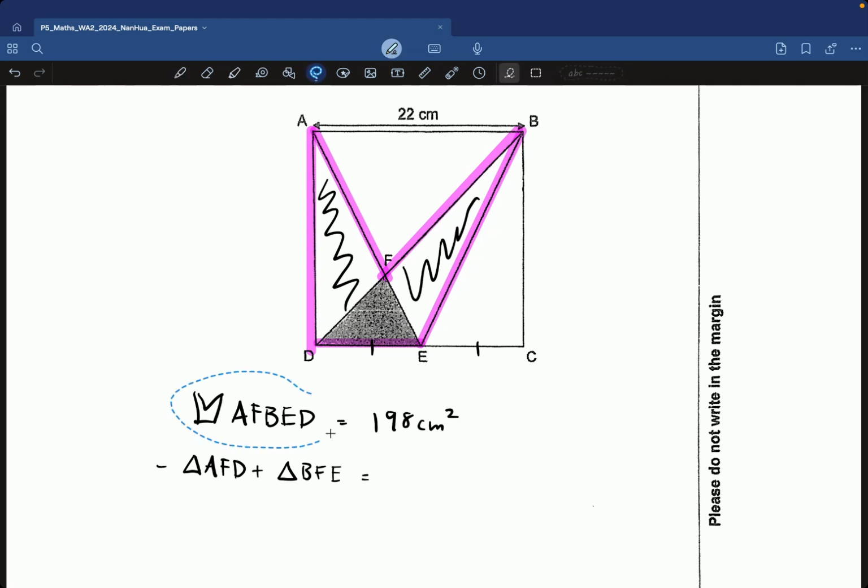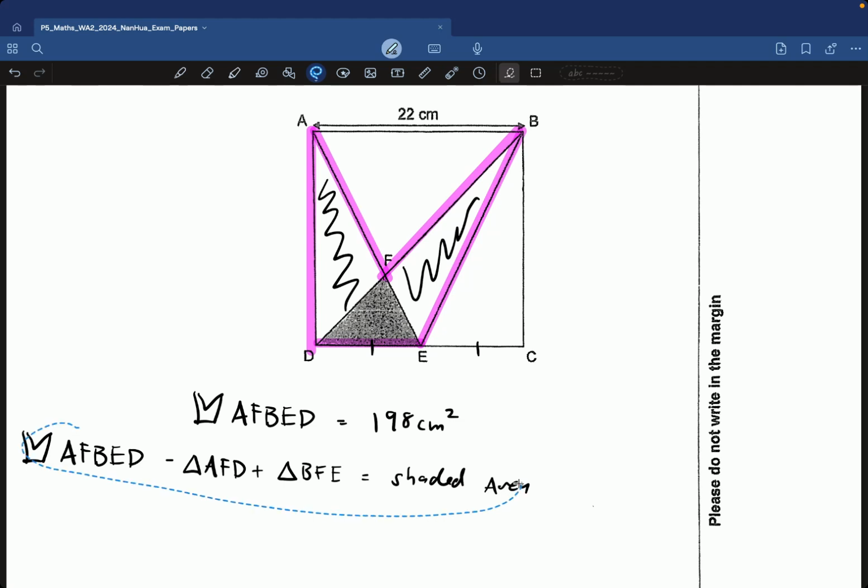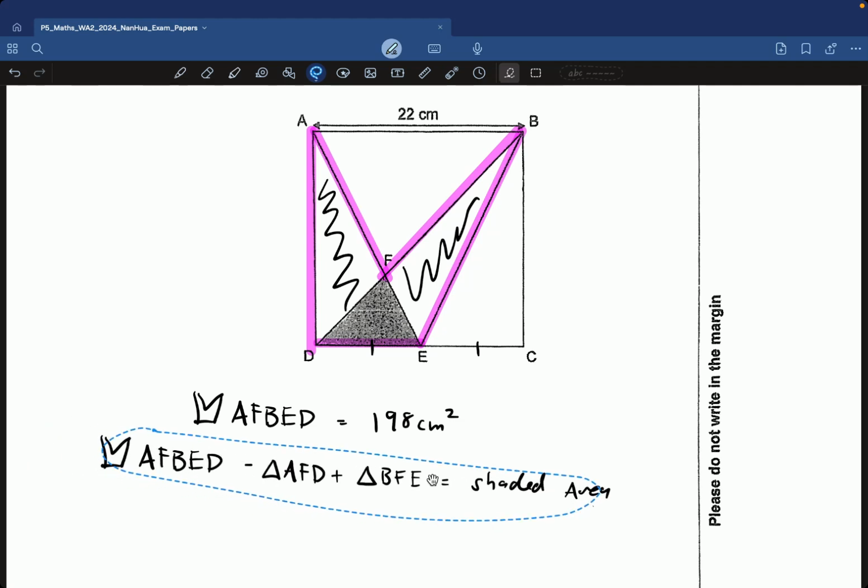So I'm going to duplicate this. So this minus this, and then we can get the shaded area, the shaded triangle, right? That's what we see over here. So that is essentially what we need to do.